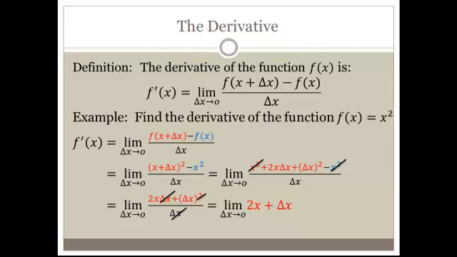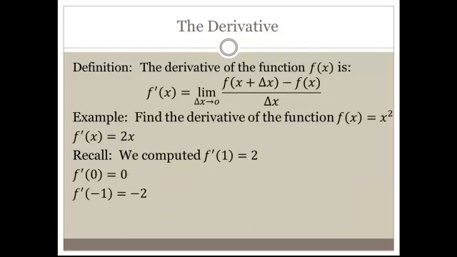Doing this, up top we're left with 2x plus delta x. So in total we have the limit as delta x goes to 0 of 2x plus delta x. But as we make delta x smaller and smaller and closer to 0, this just becomes 2x. So we found that f prime of x equals 2x.